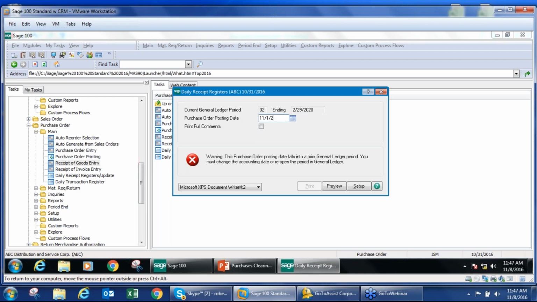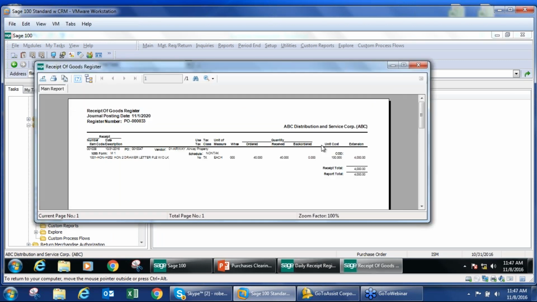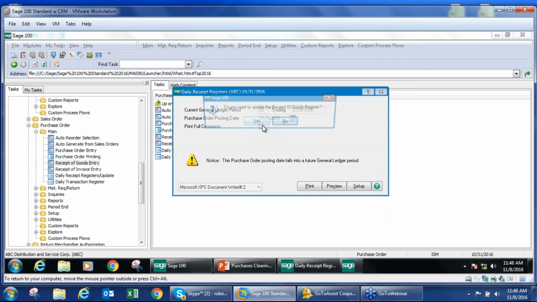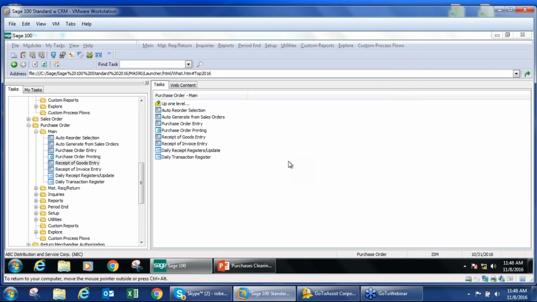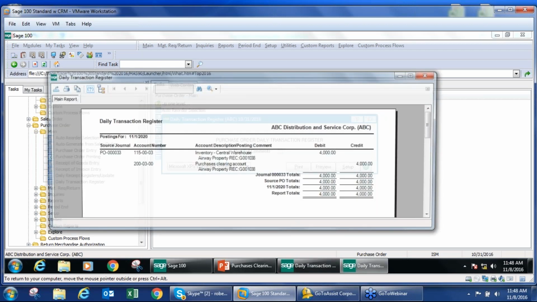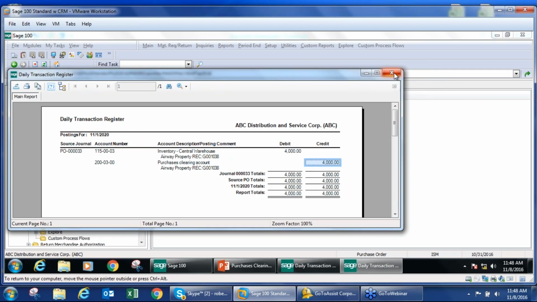I'm going to change this to 11.1. And here we have all of our paperwork flowing. And we get to our daily transaction register, which should look identical to what we did before. Debit to inventory, credit to purchases clearing.